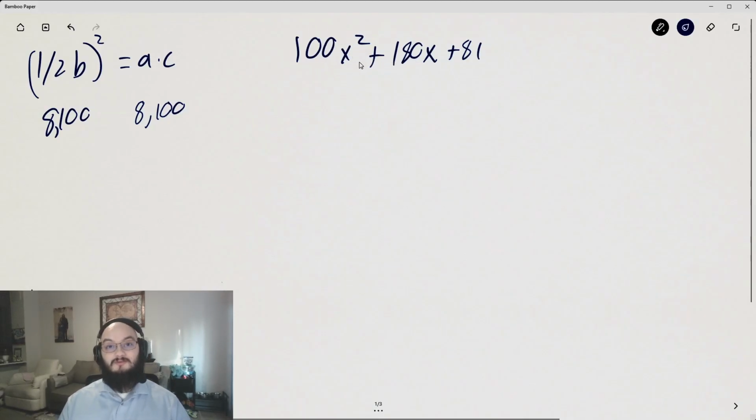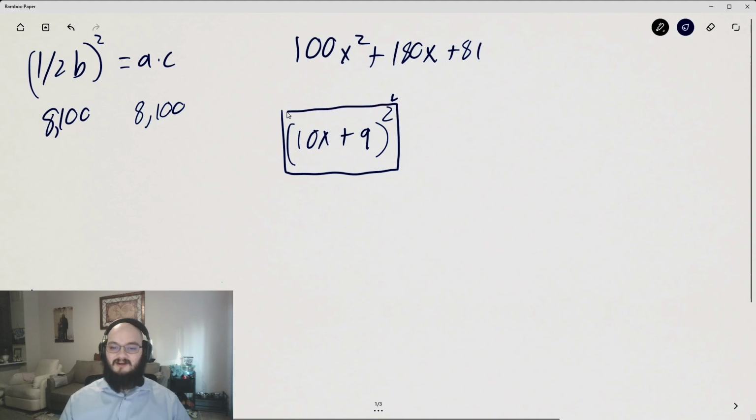So we're going to take the square root of 100x squared, which will be 10x. Take the square root of 81, which is 9, and they're going to be added together because our b term is positive. Make sure we toss our square up here, and this is done. That is the factorization for 100x squared plus 180x plus 81. It is 10x plus 9 squared.